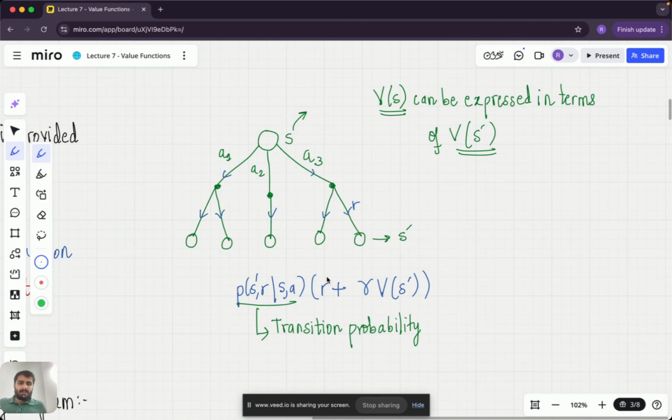This is the reward which the agent collects along the way. This is the discount rate, and this is the value function of the next state.